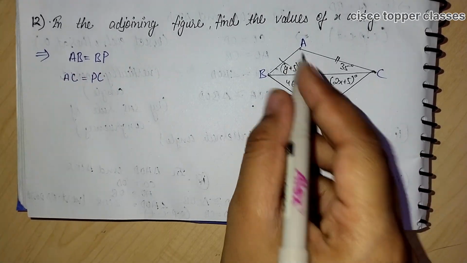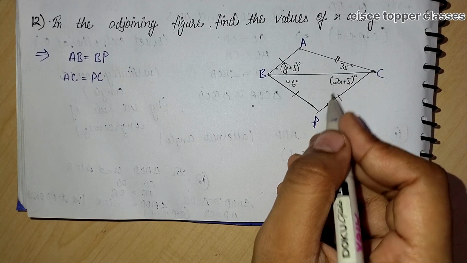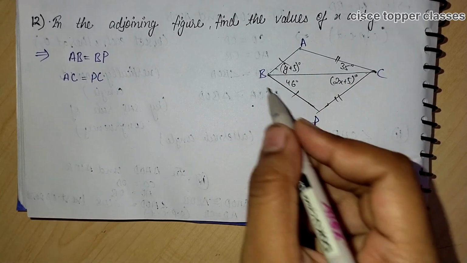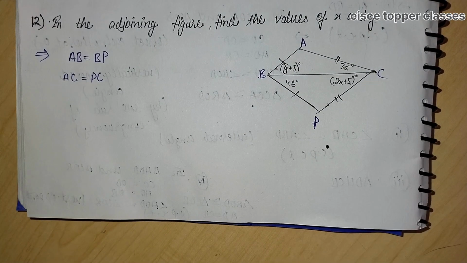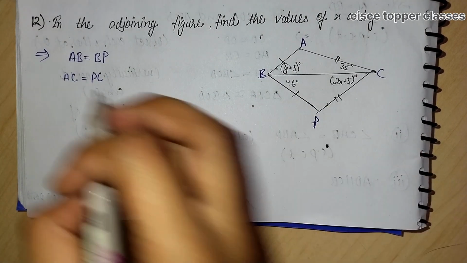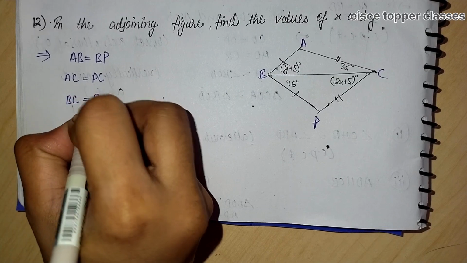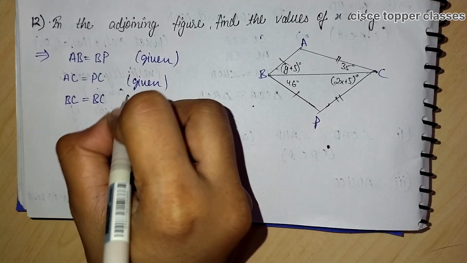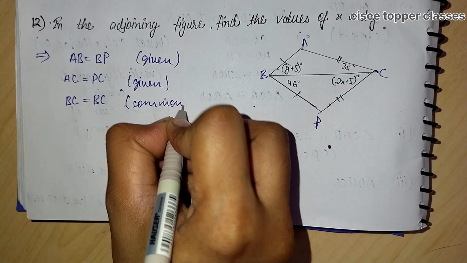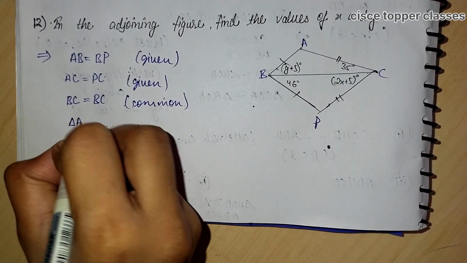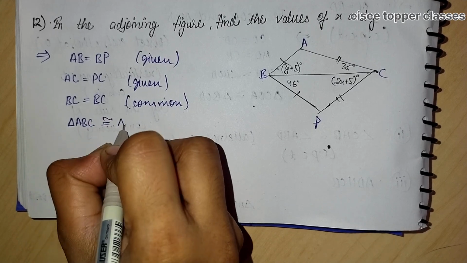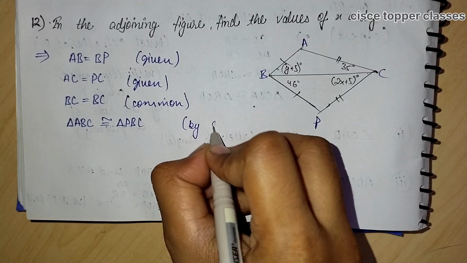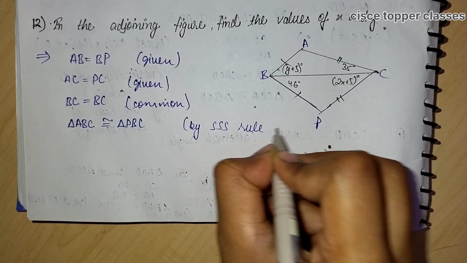Here BC is common, so BC is equal to BC. This part is given to us, this is also given to us, and this is common in both the triangles. So hence proved that triangle ABC is congruent to triangle PBC by the SSS rule of congruency.